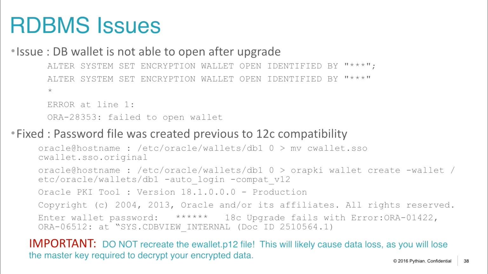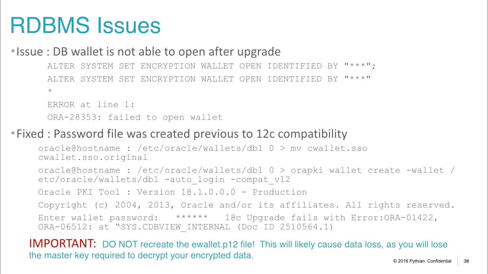The next error that we faced was that the database was upgraded, but we were not able to open our transparent data encryption wallet. So what we noticed was that the password file was created without the 12C compatibility, which is this parameter right here.